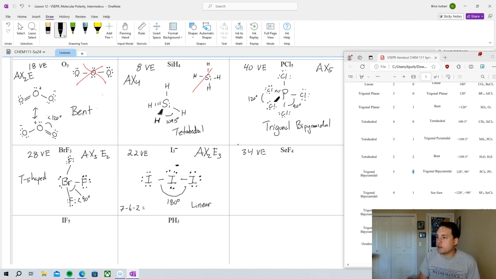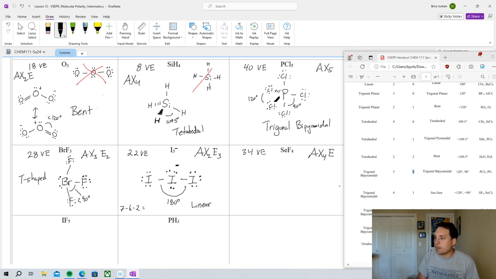In this case, the fluorines are each going to have 8 total electrons, 6 lone pair electrons, and 2 in the bonds. So 8 times 4 is 32, and it's going to leave us with 2 electrons left over. So this is going to be an AX4E notation.